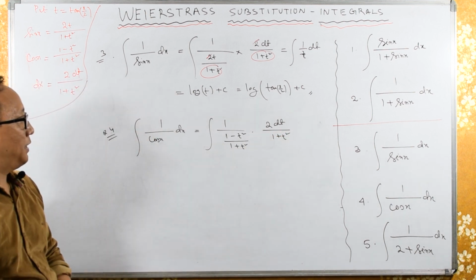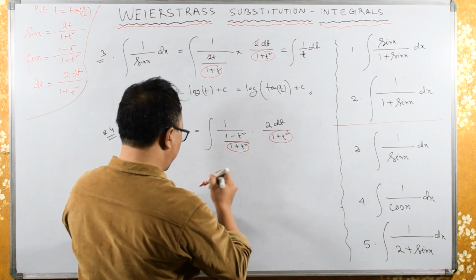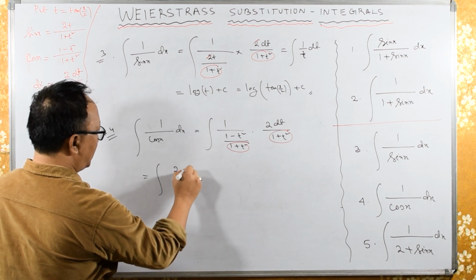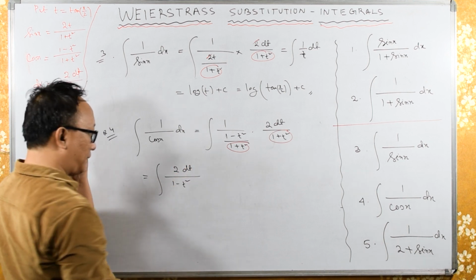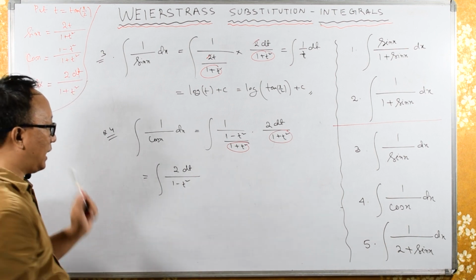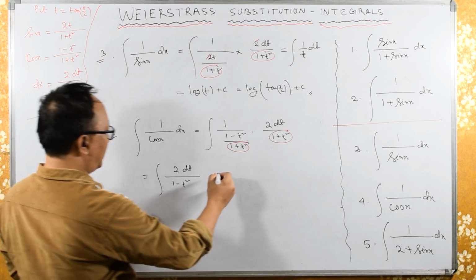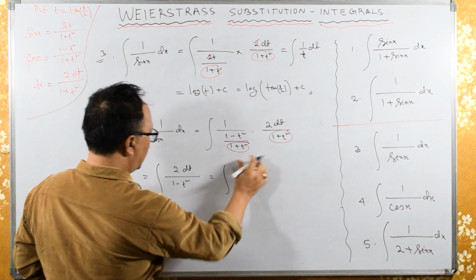Here 1 plus t square and 1 plus t square get cancelled. This is twice dt upon 1 minus t square. Now 2 I can send outside.